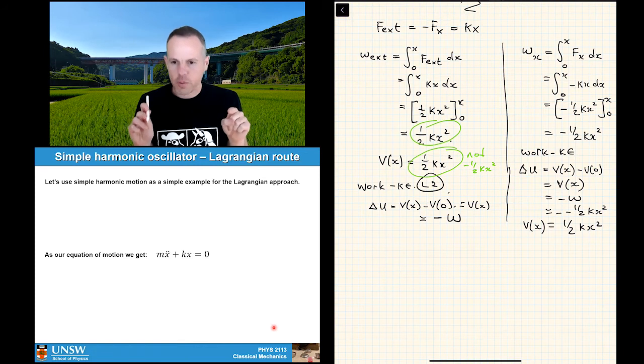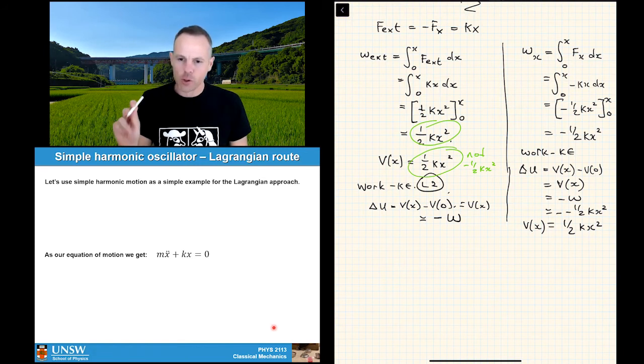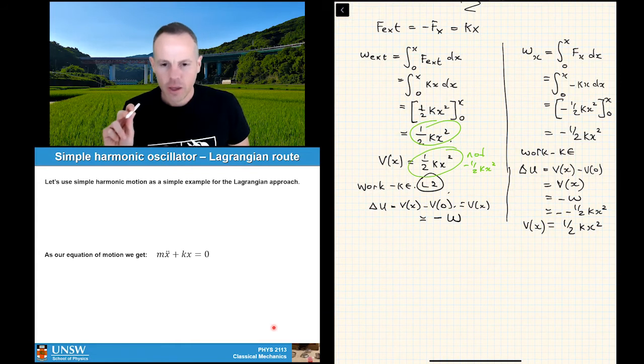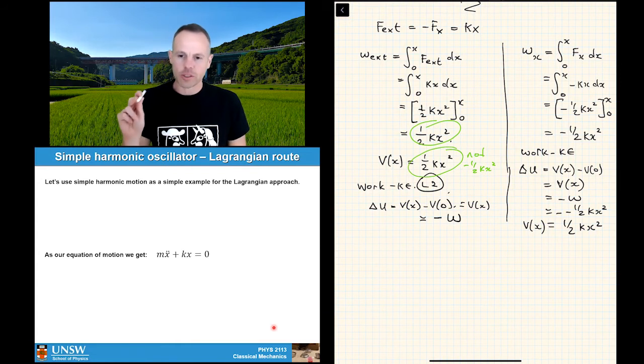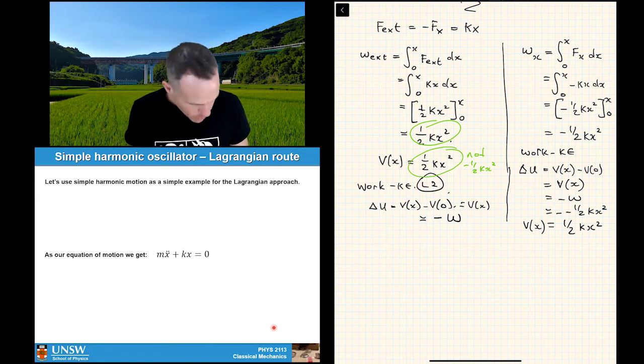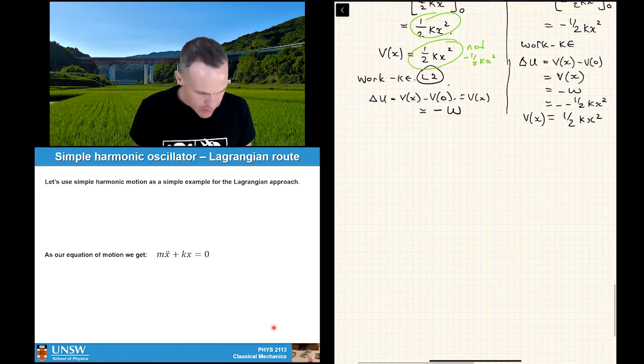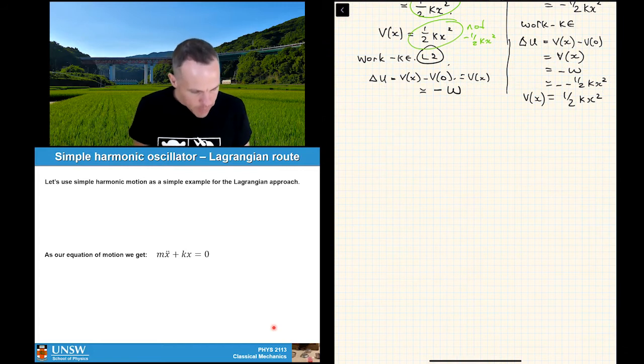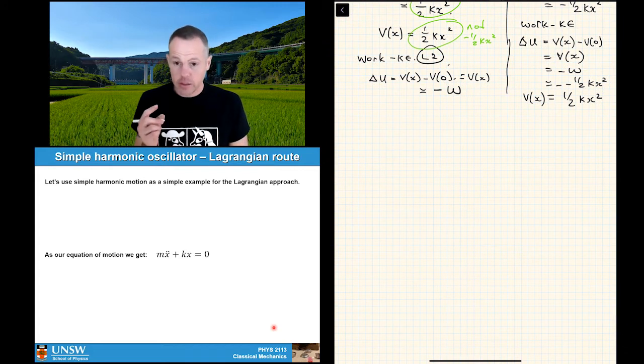So the optimum way to think about this is to work on the work that's connected to the force that's connected to the potential. If you work on the work on other forces and try to connect them to potentials, things go bad, okay?